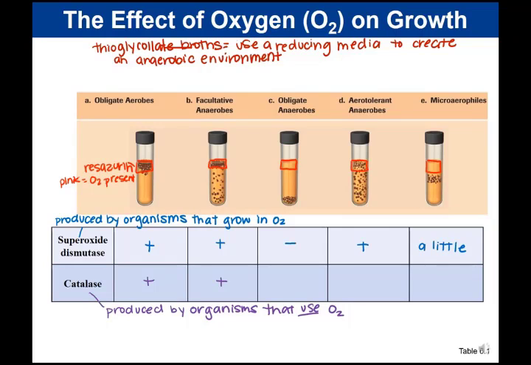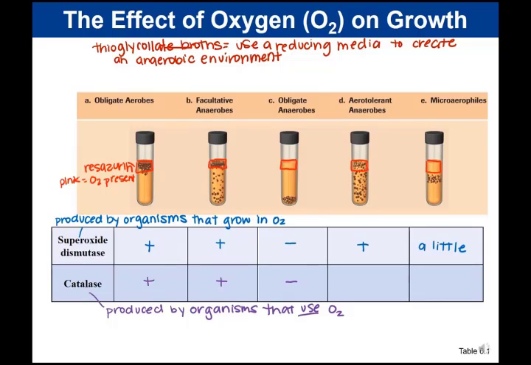Obligate anaerobes, right? They don't use O2. They are catalase negative. So again, the reason that obligate anaerobes are obligate anaerobes is because they're negative for SOD and catalase. They don't produce either of those enzymes, and therefore O2 is toxic. Now, when we get to our aerotolerant anaerobes, remember that those grow where O2 is found, but they don't use it.